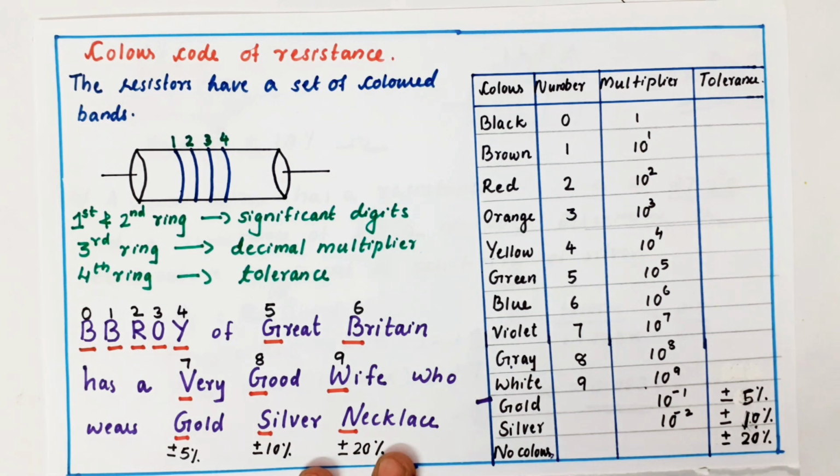So by seeing this column you can understand that tolerance has only 2 possibilities: gold or silver, or no color, where we can't tell the color, right?